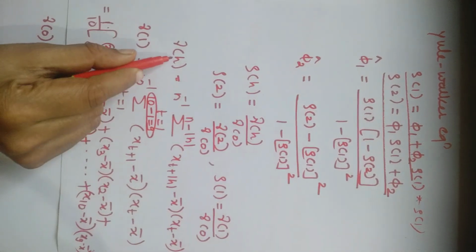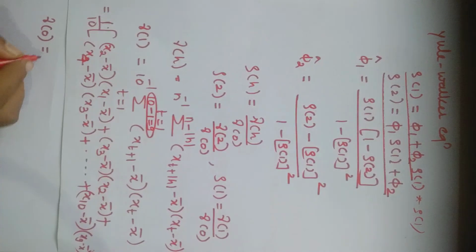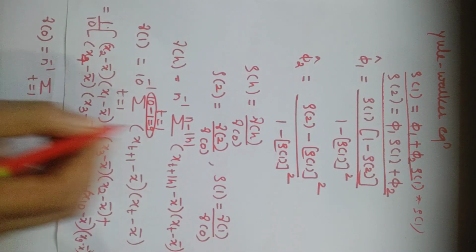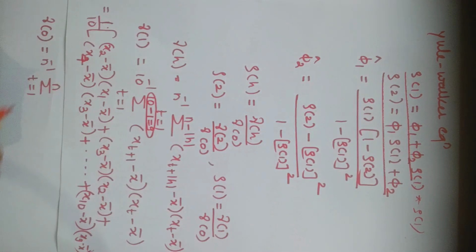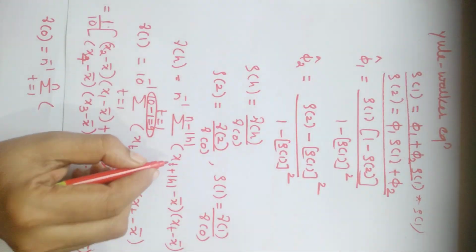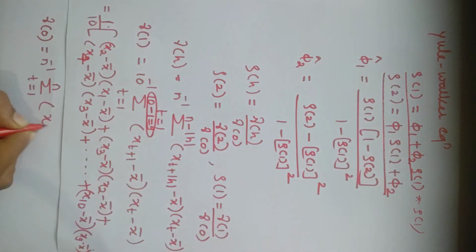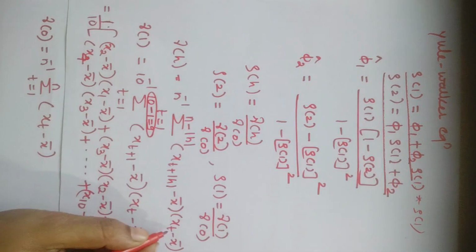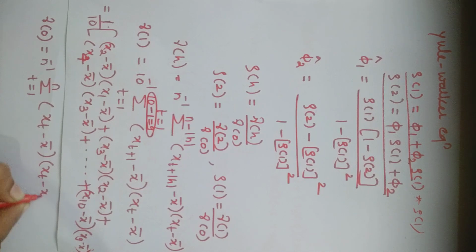Similarly we can find out gamma naught using the same formula. Put here h is equal to 0, so n raised to minus 1 summation t is equal to 1 to n, xt minus x bar into xt minus x bar as it is.